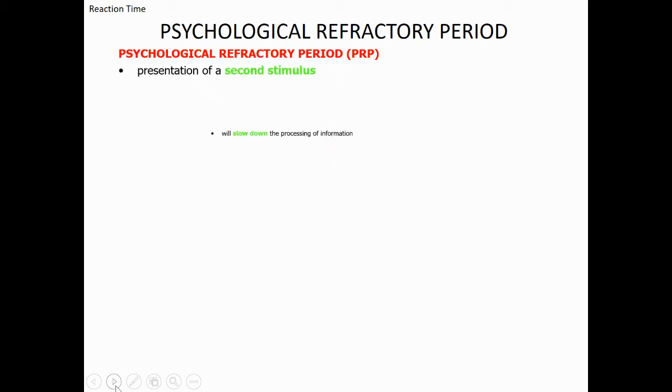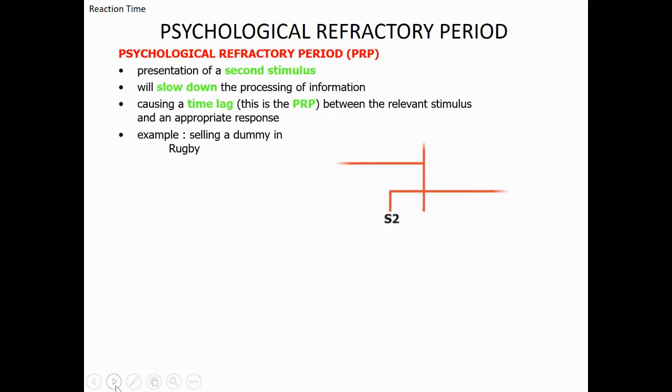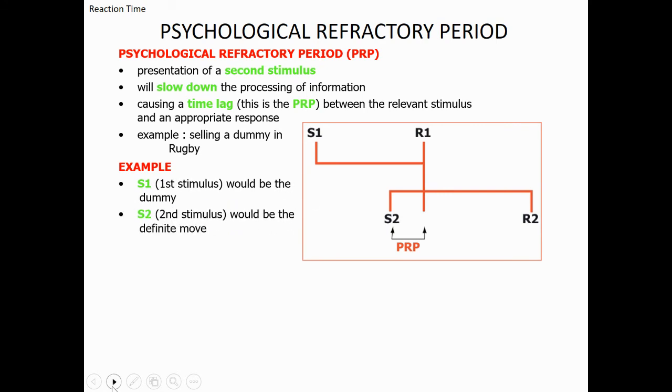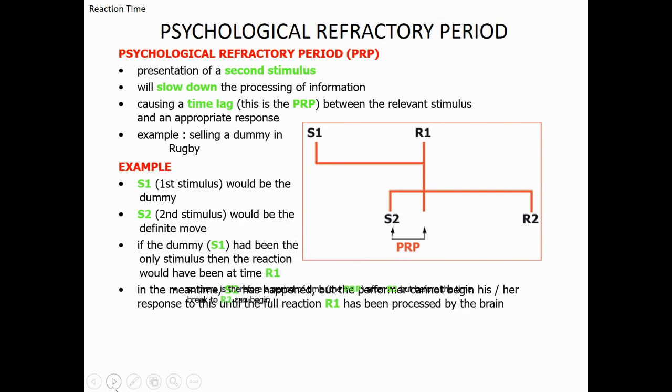If we read through and learn about it, it really is that brain dealing with the first stimulus it receives, and it has to deal with that stimulus first, and that's still going on while the second stimulus is appearing. So they've already gone up for that fake shot, and then you've gone around them, but their brain and body are still dealing with that process first. And we can see some slides on that.